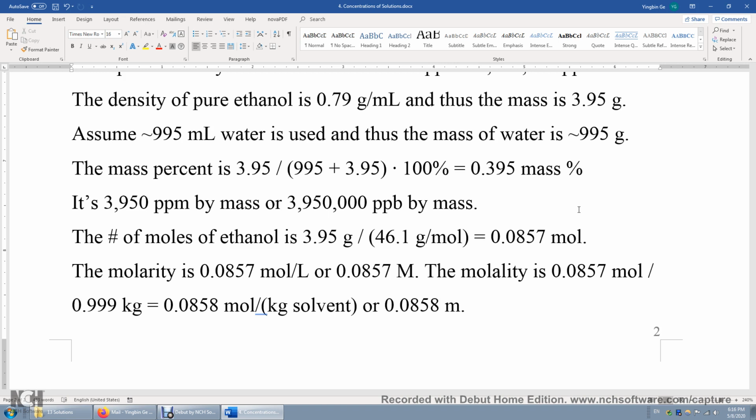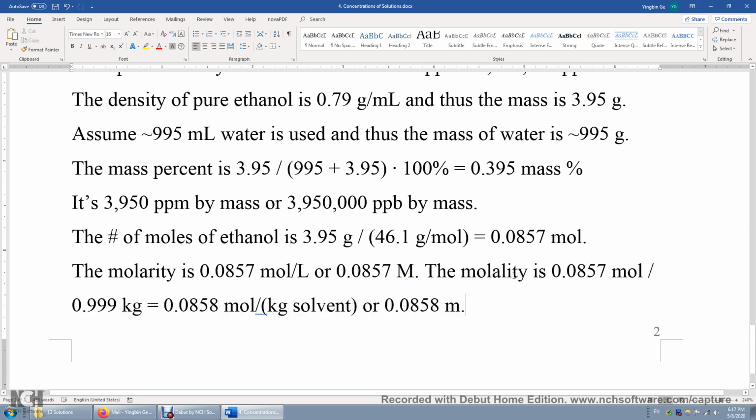Now finally, let's look at the molarity. Molarity is the number of moles of the solute divided by the volume of the solution. So we have this number of moles of ethanol here divided by 1 liter of solution. The result is 0.0857 uppercase M. That's molar.